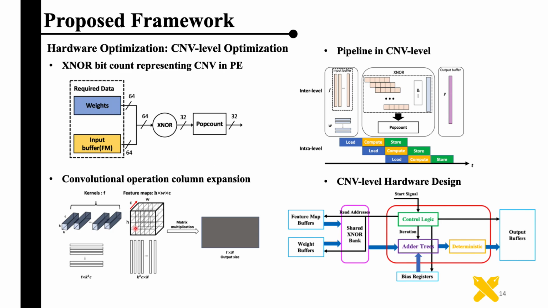Both the feature map and the kernel are expanded into column vectors to increase the computational efficiency. In addition, to decrease the latency, both inter-level and intra-level pipelines are conducted on the data stream.